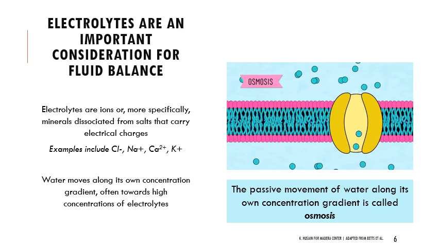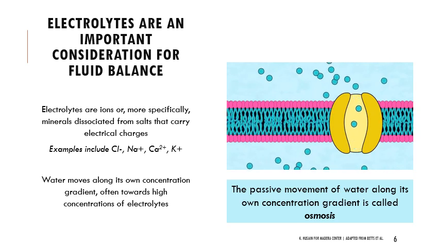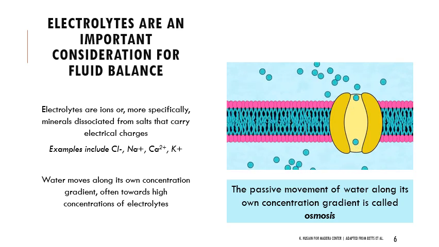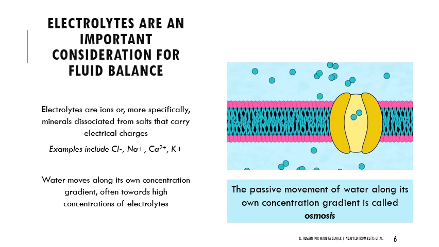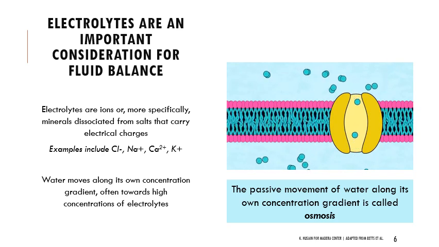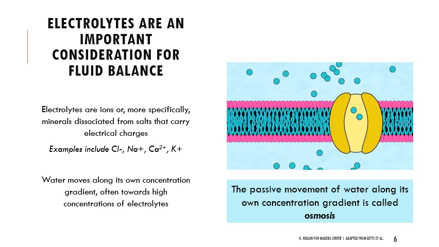So electrolytes are ions, and more specifically, they're minerals that have been dissociated from salts and carry an electrical charge, so ions. Examples of these that are really common in the human body include chloride, sodium, calcium, and potassium.